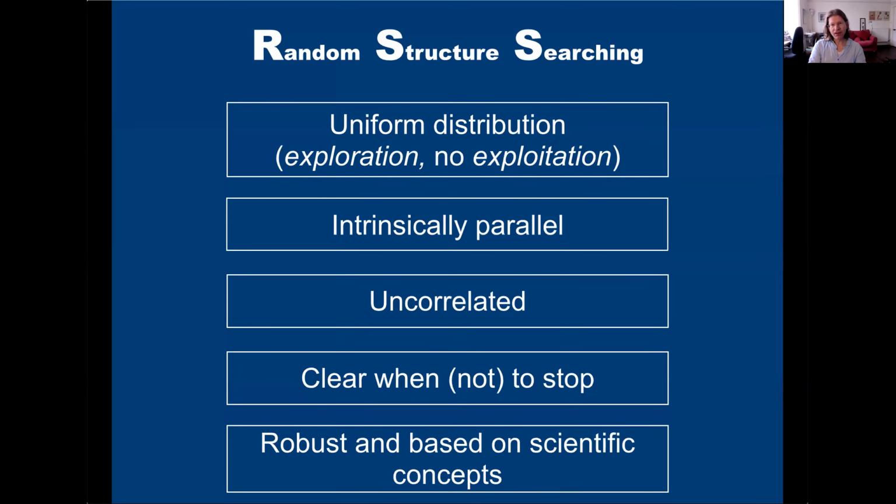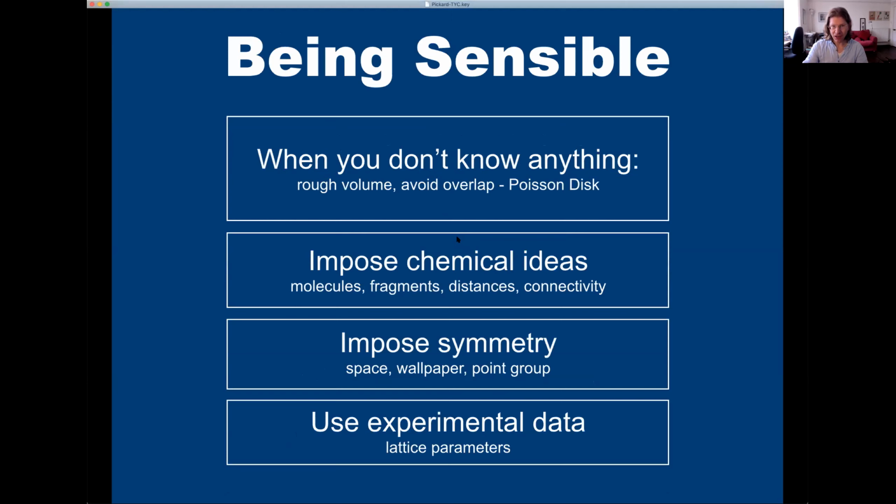But I think also, and this is where random structure searching is starting to find its appreciation, is that it fits very closely with the ideas of inorganic crystal chemistry in the first place. So it doesn't depend on biology or bird flocking. The constraints, or the way that we set the calculations up, are in terms of chemical ideas, and I'll come to that on the next slide.